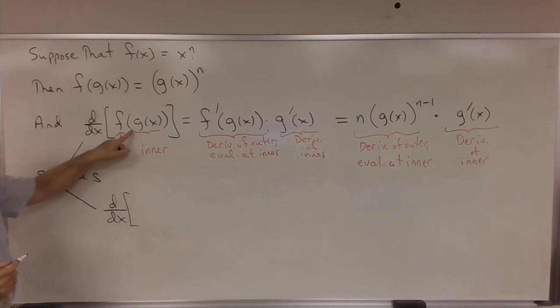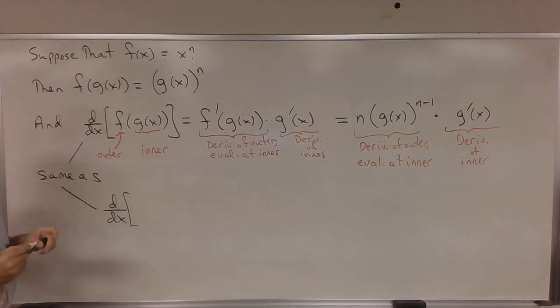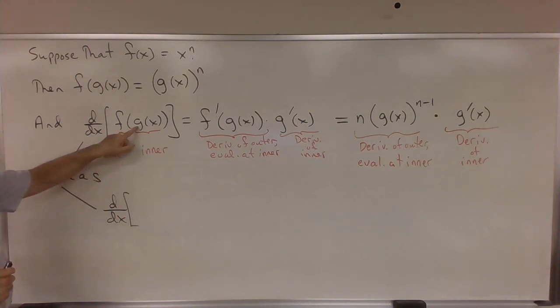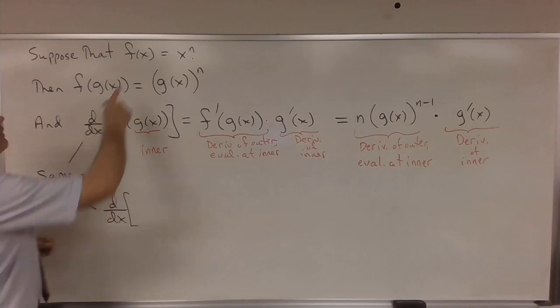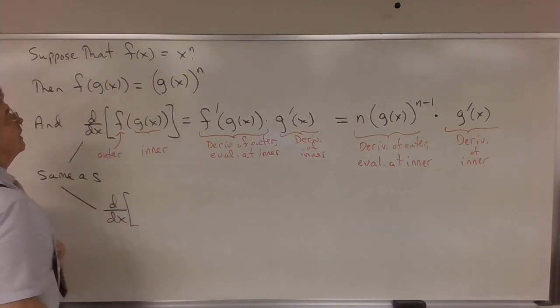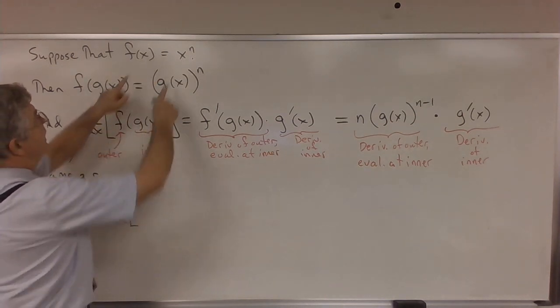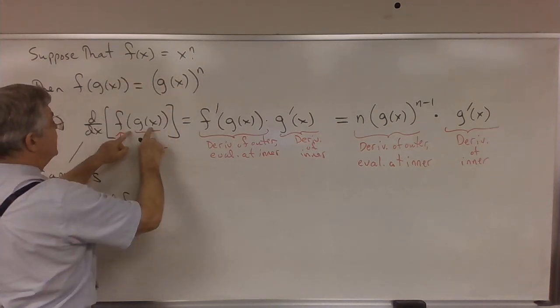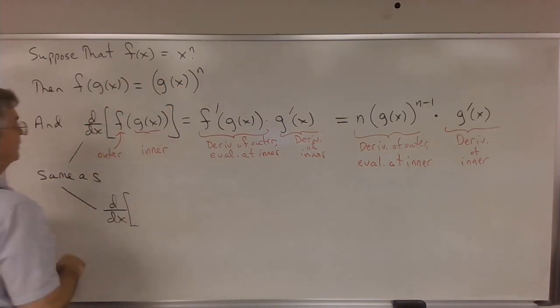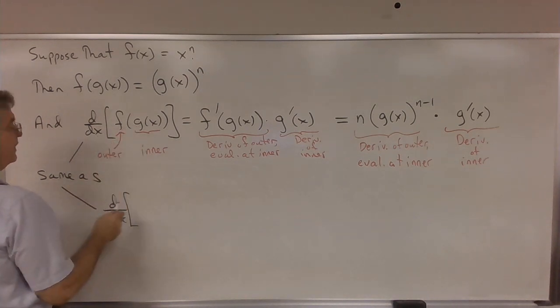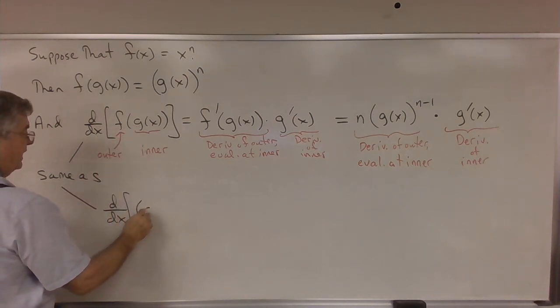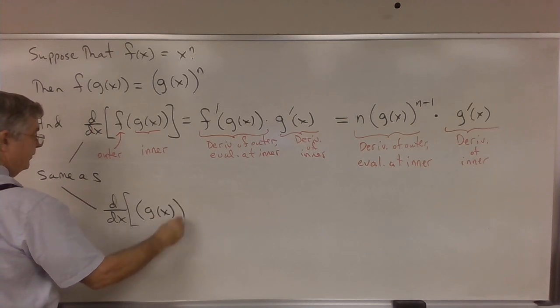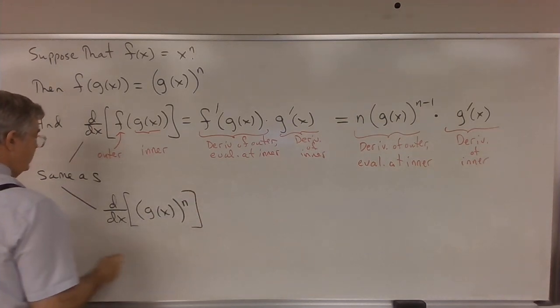F evaluated at g of x. What is that? Well, here g of x plays the role that x plays up here in our model. So every place up here in our model that we see an x, we're going to put g of x down here. So f evaluated at g of x, that's the same as g of x to the n power.